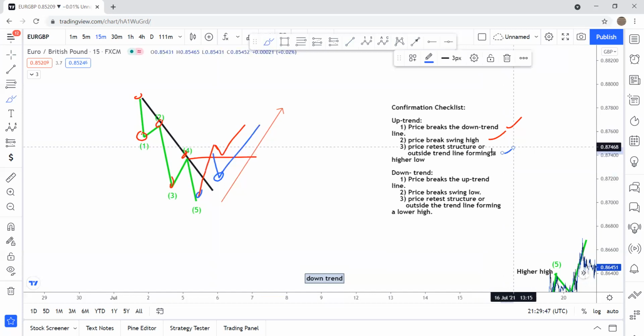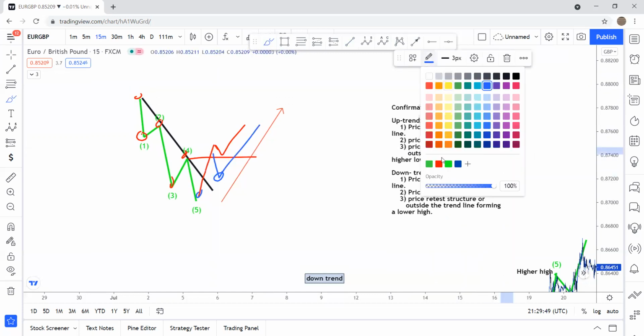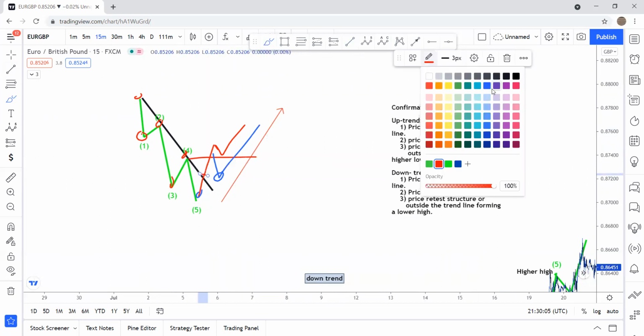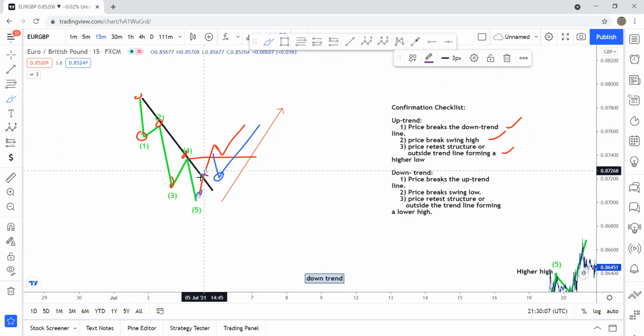Once again, first step, we need price to go and break the trend line, right? Price breaking the trend line here, the purple. That's the first step. The second step is to break the swing high here. Price breaking the swing high here.